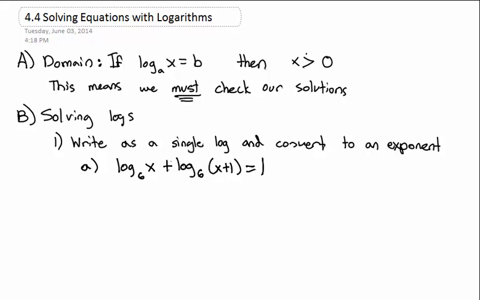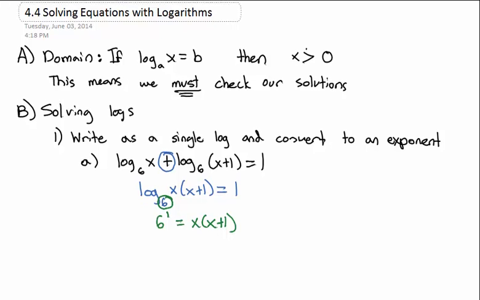Well, we know that two logs added together means we really multiply inside the logs. So we can combine this to log base 6 of x times x plus 1 equals 1. We've now written it as a single log, so we can convert it to an exponent where the base of 6 to the first power equals the x times x plus 1.